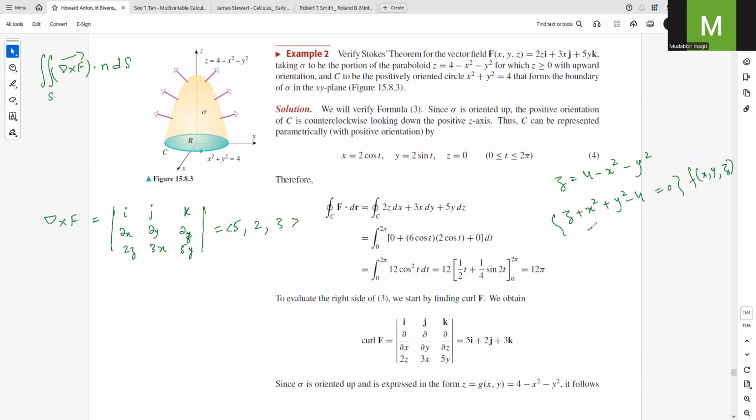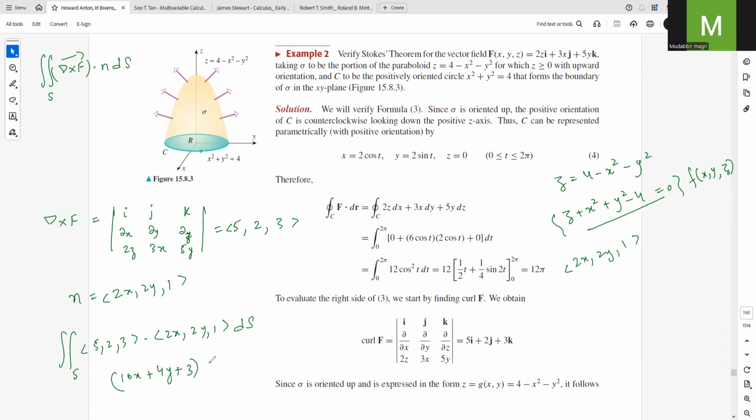Differentiating with respect to x, we get 2x, then with respect to y, we get 2y, and with respect to z, we get 1. So n is (2x, 2y, 1). Now we can take the inner product, (5, 2, 3) dotted with (2x, 2y, 1) dS. So we get 10x plus 4y plus 3 dS over the surface S.